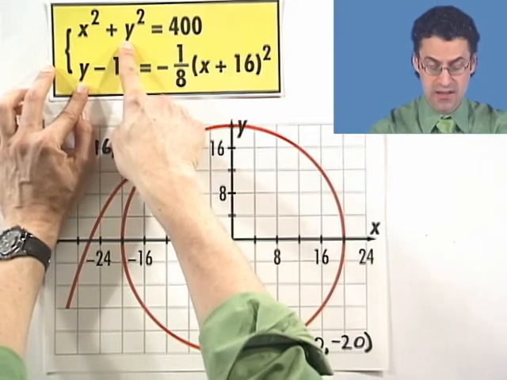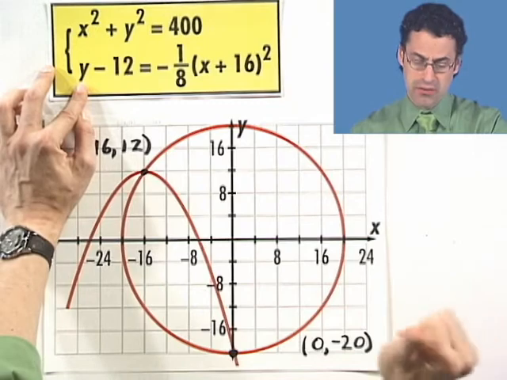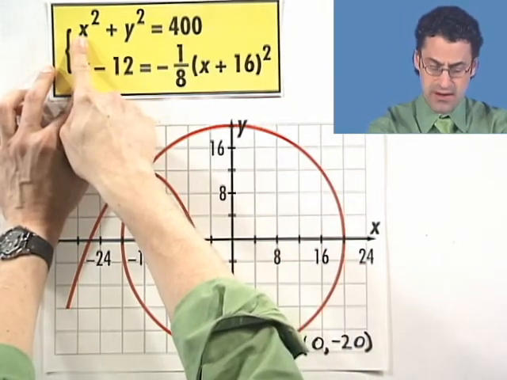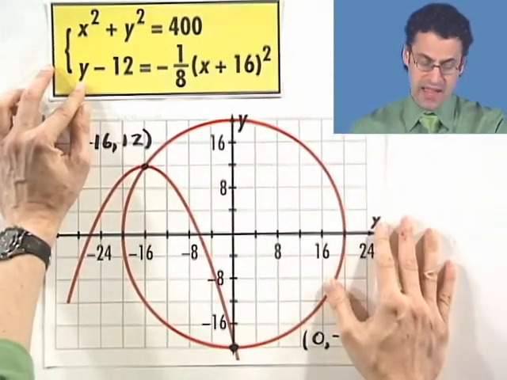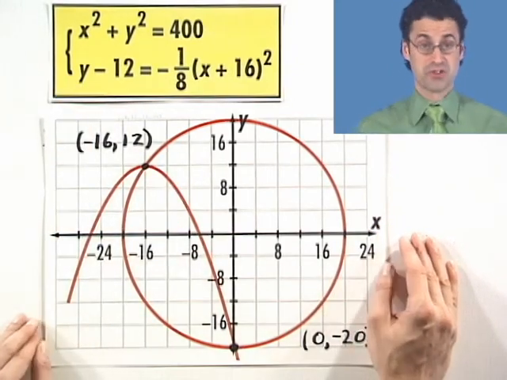So square that big thing and carefully FOIL everything out, combine the like terms with this x squared, and then bring the 400 over and factor that. And you'd get the two answers, and then you could figure out what the y value should be. So you could also check this answer algebraically as well. It'd be a bit of work, but I think it would be excellent practice. And actually, I invite you to do it if you want to try it for yourself.